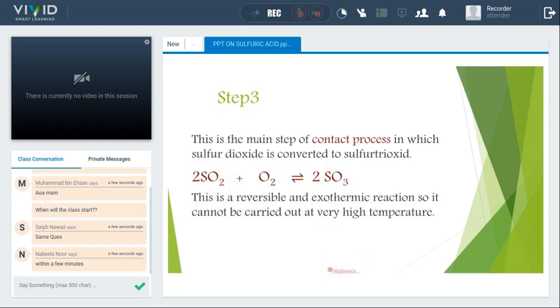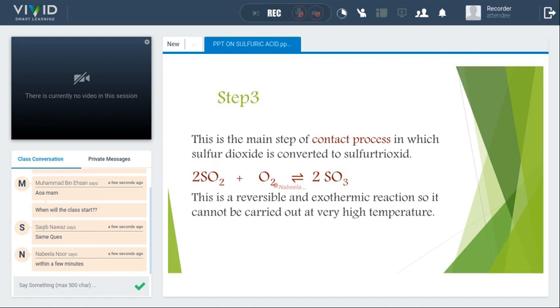If we move back to the reaction, the conversion of sulfur dioxide to sulfur trioxide is a reversible reaction. A reversible reaction is one which proceeds in the forward direction as well as in the backward direction. The reactants react to form product and the product gives back reactant.